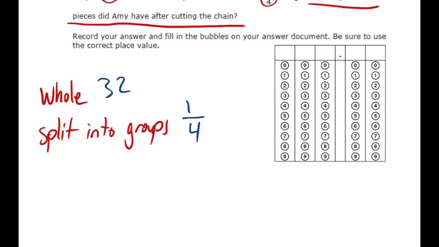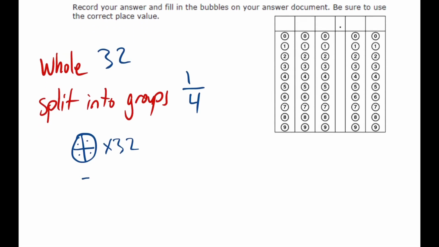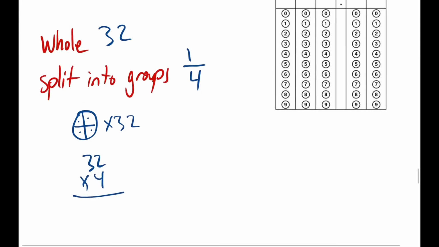Now, I could draw 32 circles and split each one into 4. But when I draw one circle, I split this one circle into fourths. I now have 4 pieces. 1, 2, 3, 4. If I were to do that 32 times, what I end up having is 32 times 4, right?